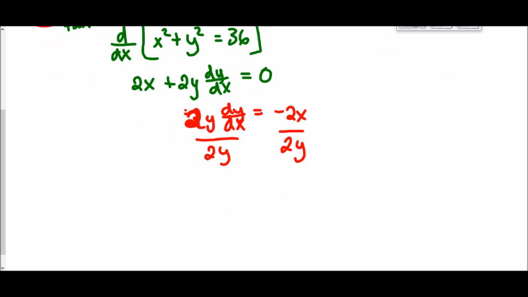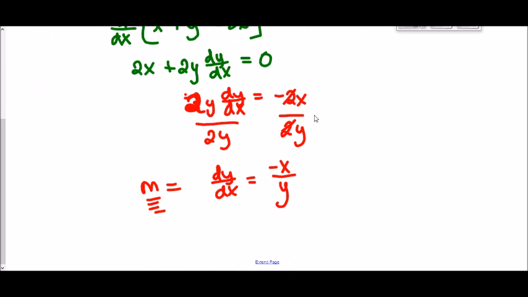So when I get my answer, I have dy/dx equals, these 2's can cancel, so it's really just negative x over y. And this, remember, is how I find my slope. So they said to find the slope at the point 5, square root of 11.